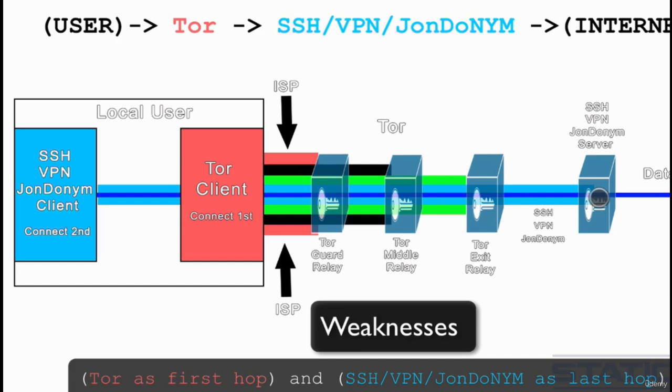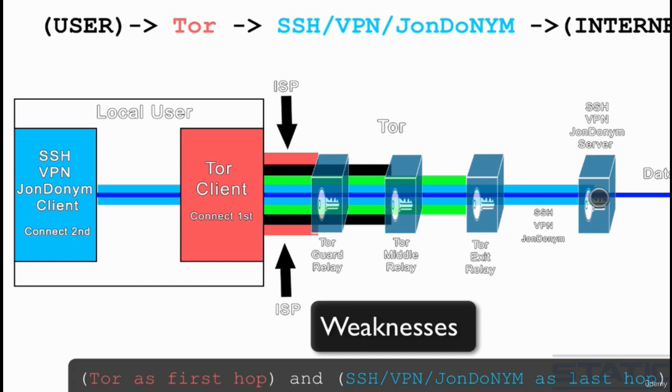Here is a risk by JonDonym server, and here the IP address is visible or stored in Tor. SSH, VPN, JonDonym server, this is the last server.